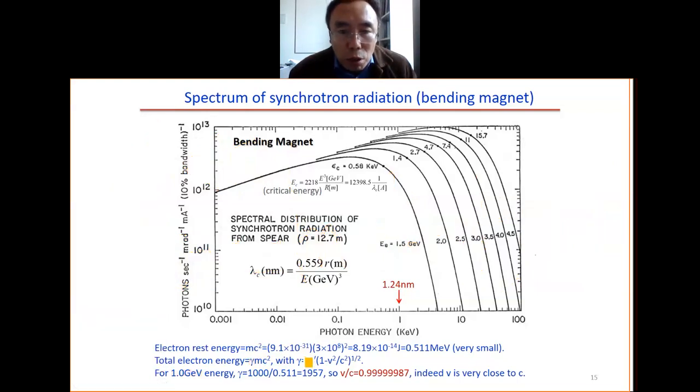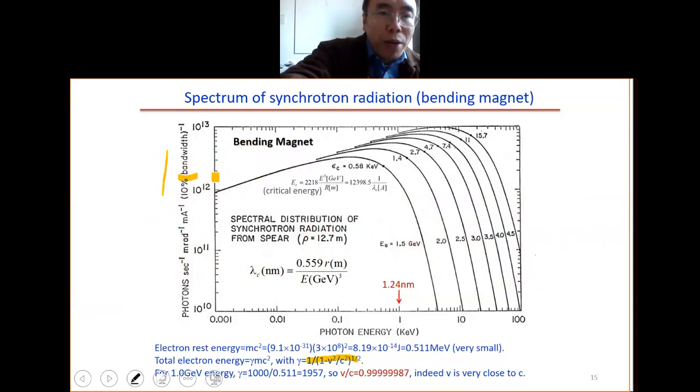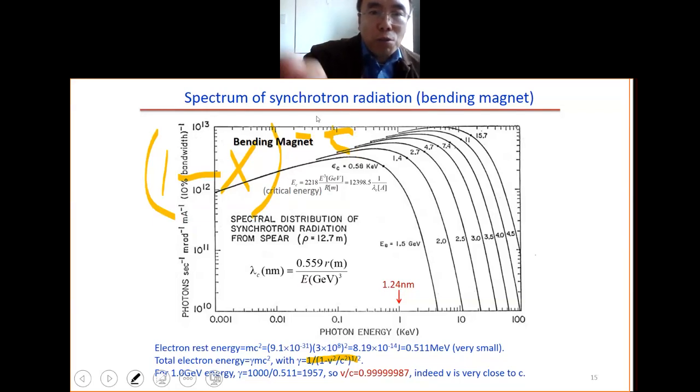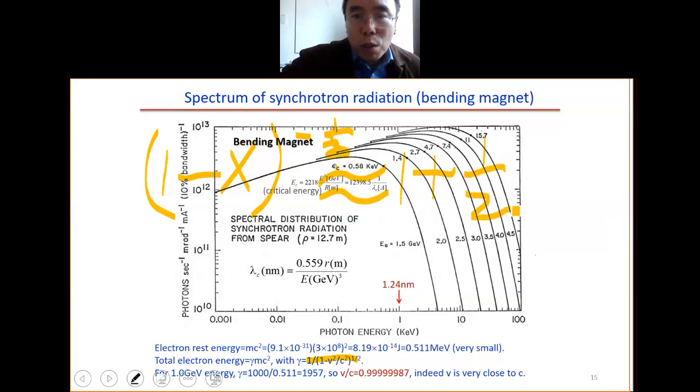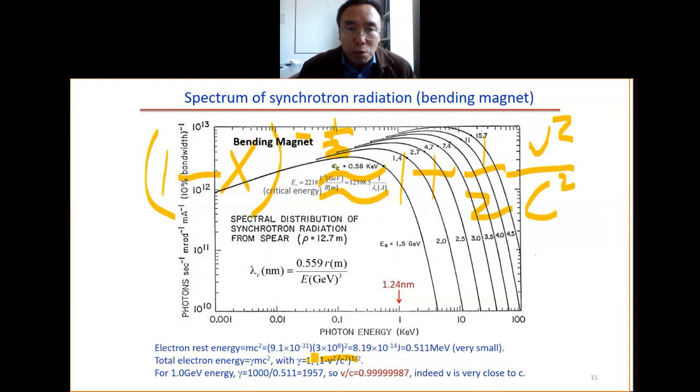So now we need to do the approximation for this term. We have 1 minus x to the power of 1 over 2. This one is approximately 1 plus 1 over 2 v square over c square, where v square over c square is the x here.